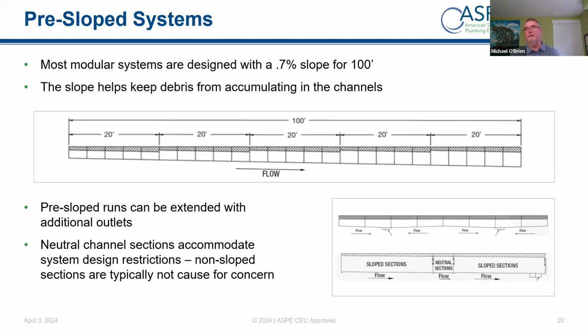So we could go, if we're 100 feet to an outlet, we could go 400 feet, for instance, by having 100 going to the right to one outlet, 100 going to the left of that outlet, and duplicating that. And then, don't worry about non-sloped, because it will still flow. The water will still flow. It's just the solids. Typically, they're only a couple, 1 or 2 feet to get to a specific run length.